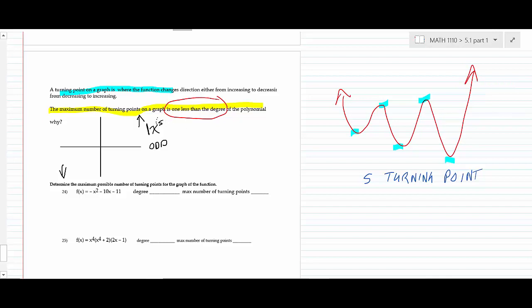First of all, if your highest power is 5, that means you can have a max of 5 real zeros. That means the most times you can touch the x-axis is 5. If it was 7, the most number of times you can touch the x-axis is 7, and so forth.